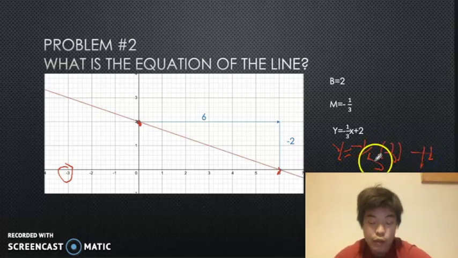What's -3 times -1/3? It's going to be -3 times -1, which gives us 3. 3 over 3 is 1, plus 2, which gives us 3. So as you can see, when we input these numbers, it gave us the same answer on this linear equation.